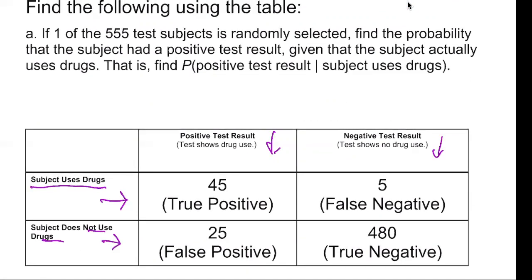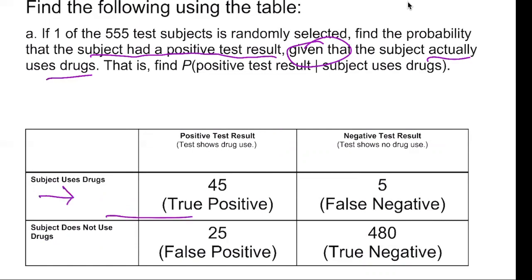So let's see. The probability that a subject has a positive test result, given that, that's the huge thing here, the subject actually uses drugs. So let's explore what that does to our table. The subject actually uses drugs, that's this row. I just look at this data.